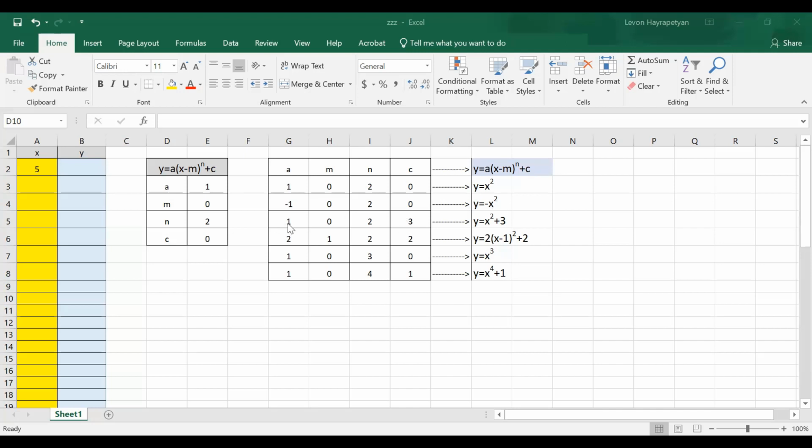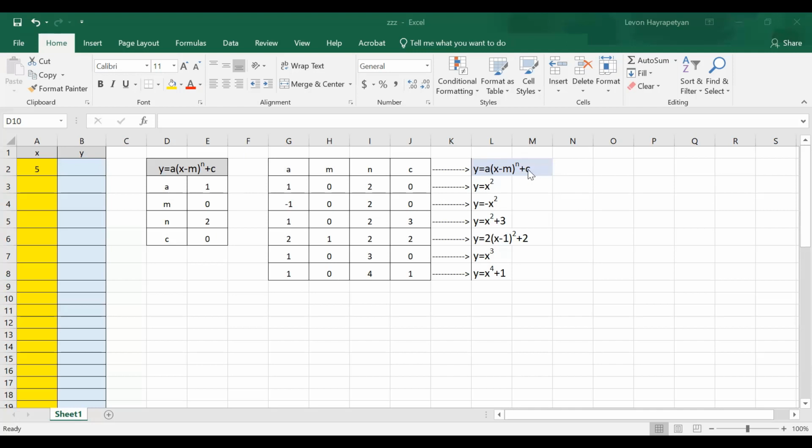So here a is 1, m is 0, n is 2, which is the exponent, the power, and c is 3. So this is the graph of x squared plus 3. Basically, the meaning of m is by how many units the graph will be shifted along the x-axis.